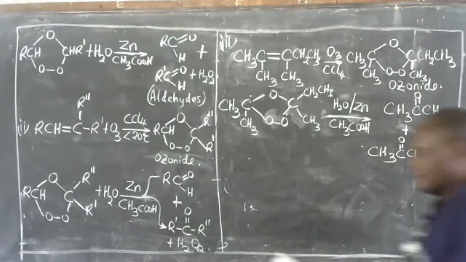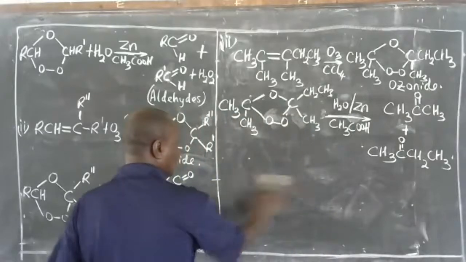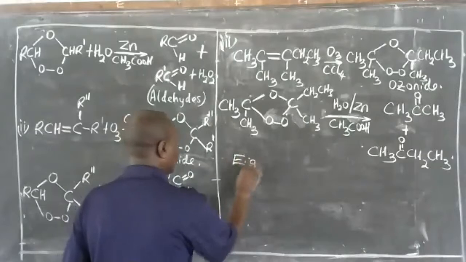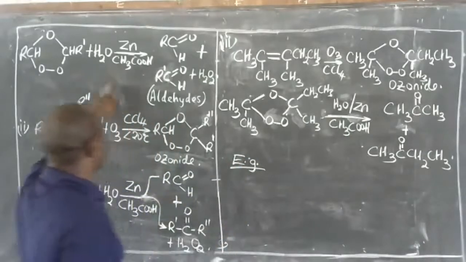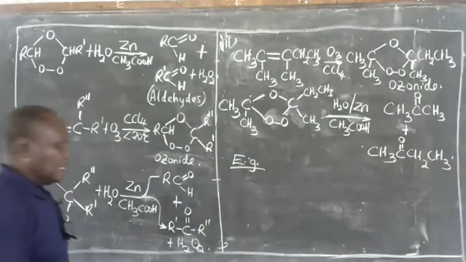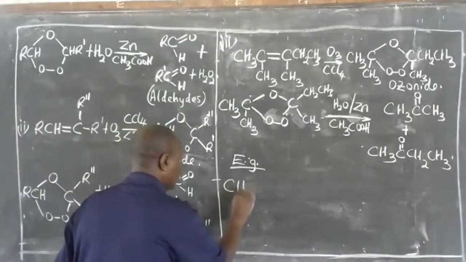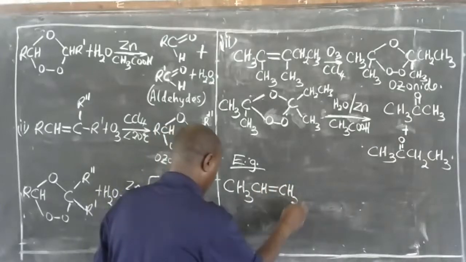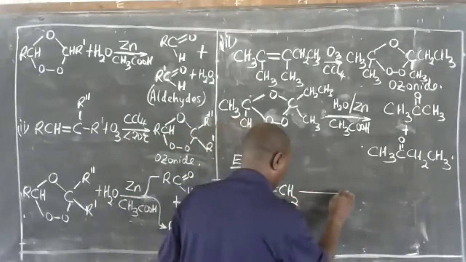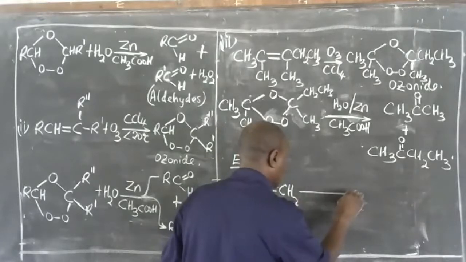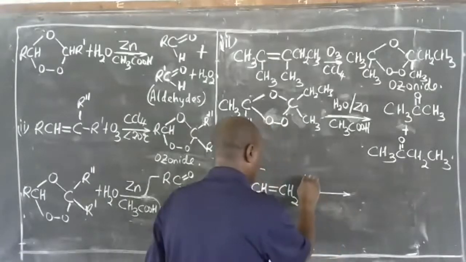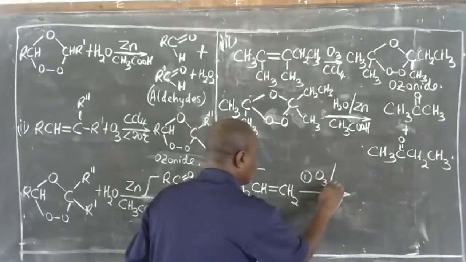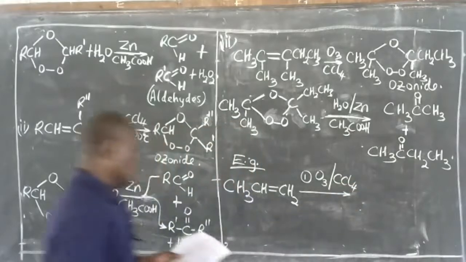Now we can write one equation. In this case here, for example, if I don't want to write all this, then I can have, for example, CH3, CH, double bond, CH2. Then I will put the first step. First condition is that you add ozone in the presence of carbon tetrachloride.